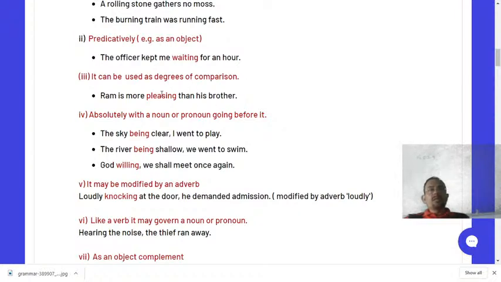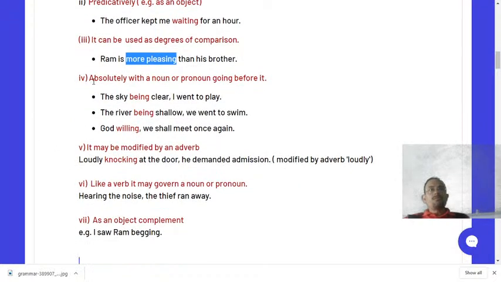Therefore it is said that sometimes a present participle is used with degrees of comparison. So whenever an ing word will be used as a degree of comparison, then that ing word can be called a present participle. This is rule number 3, the third use of the present participle.